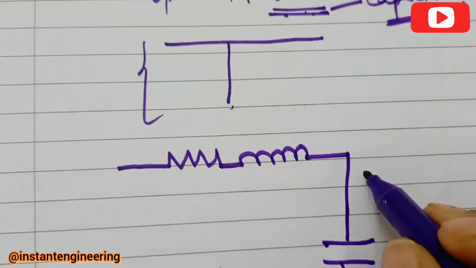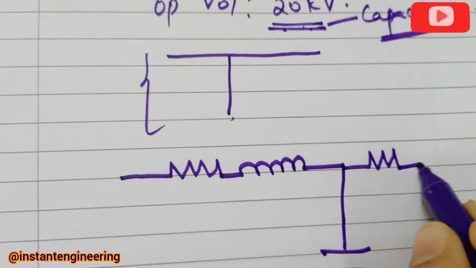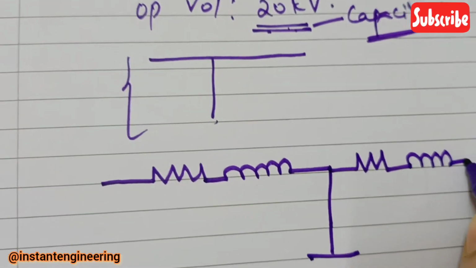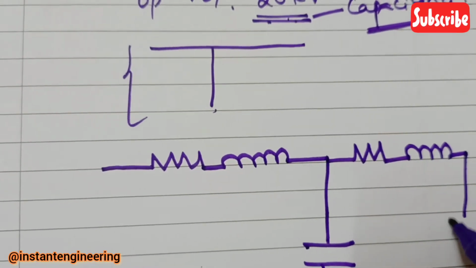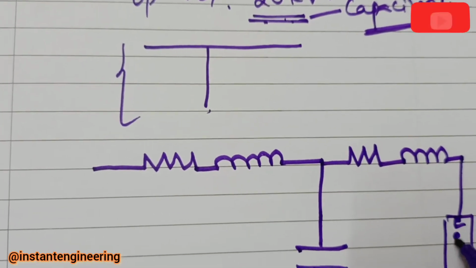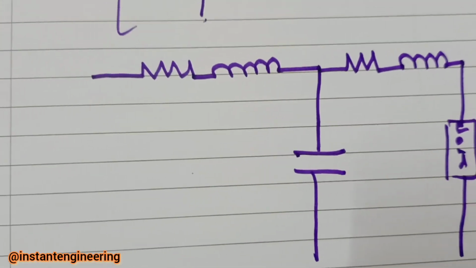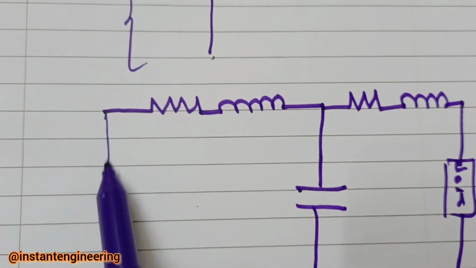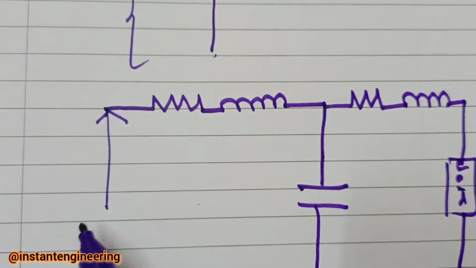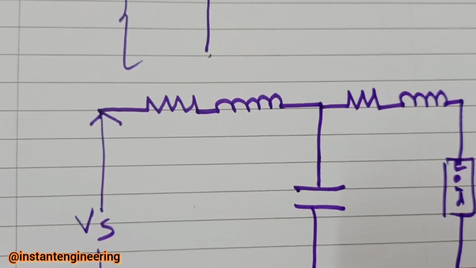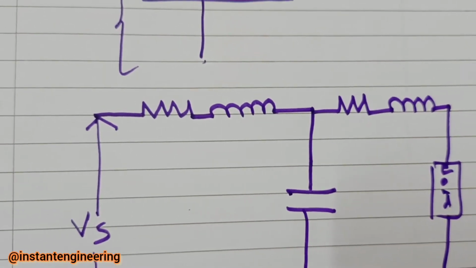See, my diagram is not that perfect. Just for your understanding, I am drawing it somehow. Please bear with it. This is the load, and this will be the sending end voltage. You have to remember these circuits.